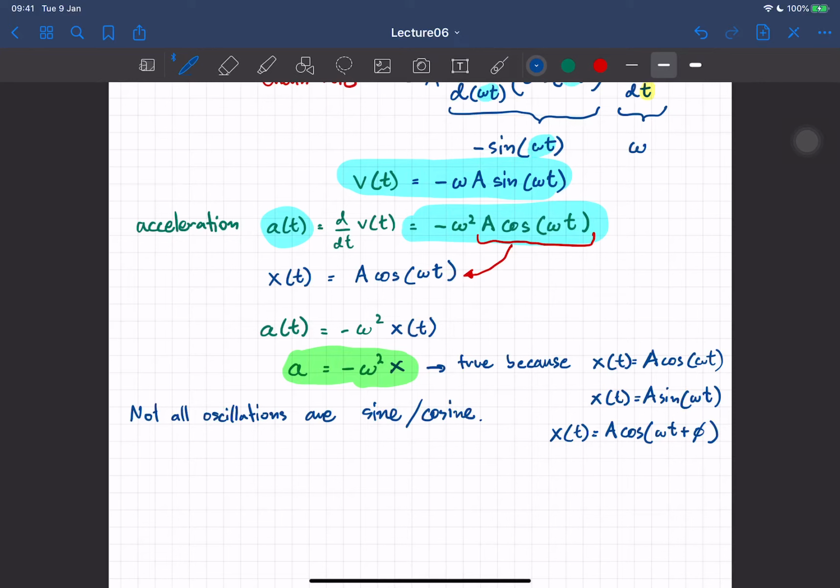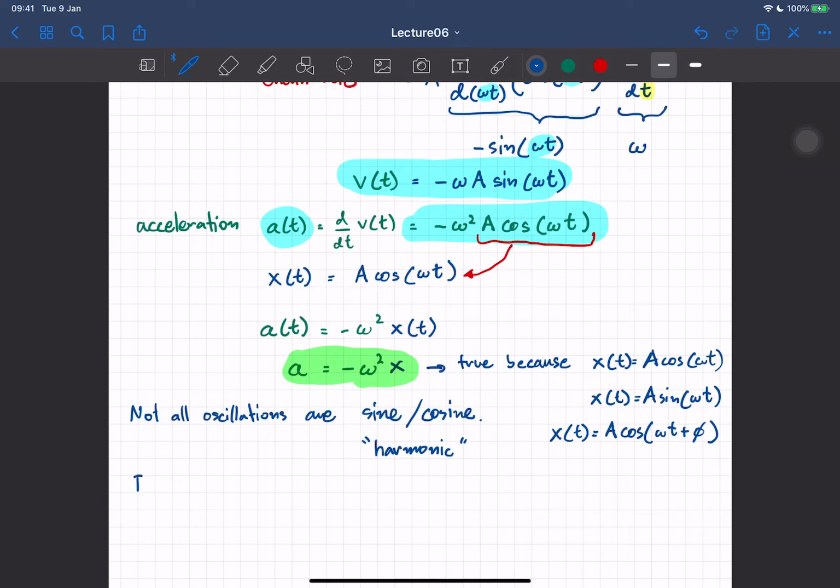Okay, and in physics, if they are sine and cosine, we call that harmonic. So it's maybe a more user-friendly term to use, right? Essentially what I'm saying is that not all oscillations are harmonic, meaning that not all oscillations are described by sine and cosine, okay?